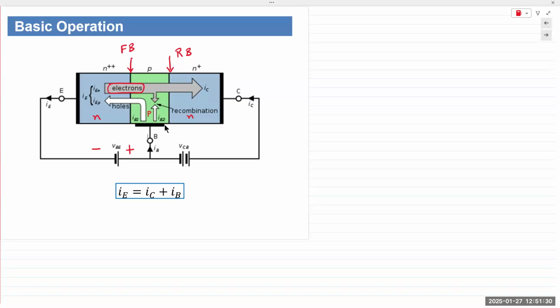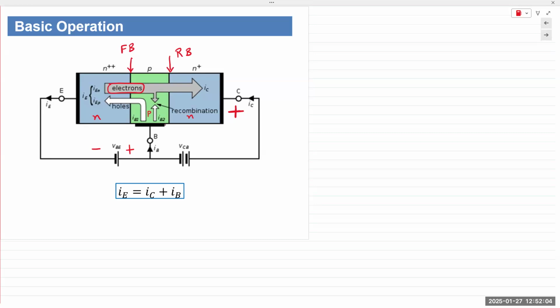At this point, if we reverse bias the collector junction and we apply a positive polarity at the collector, then the electrons have acquired sufficient energy to cross over from the base junction and now go into the collector. Again, electrons are negatively charged. If we apply a positive voltage, we are setting an electric field that would attract those electrons that are present in the base.